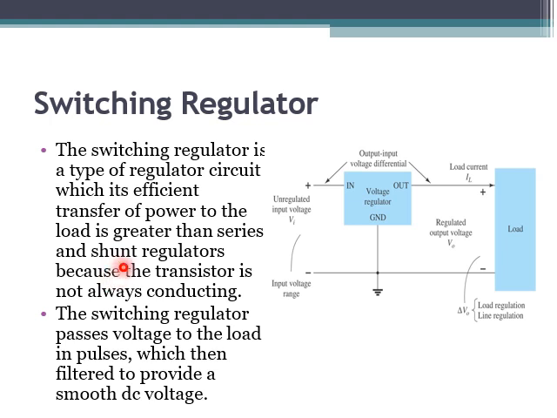As I told you, in the syllabus we had given the transistor series and shunt regulator, but it is always better to know about the switching regulator. Its efficiency is greater because the transistor is not always conducting, as it may go into the cutoff region. The switching regulator passes voltage to the load in pulses, which are then filtered to provide a smooth DC voltage.